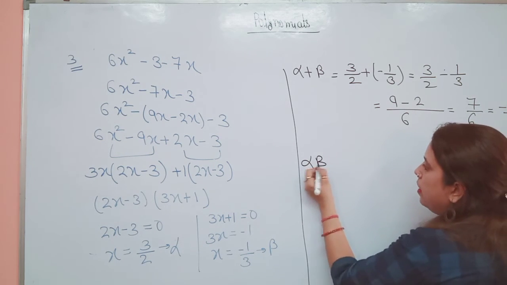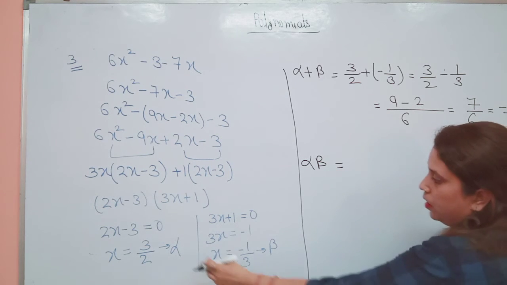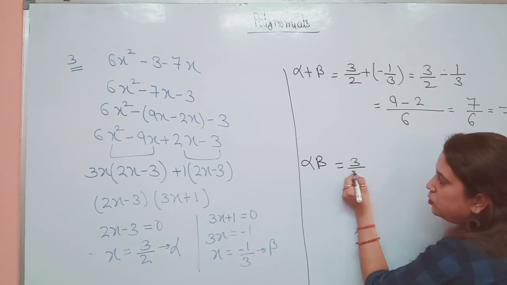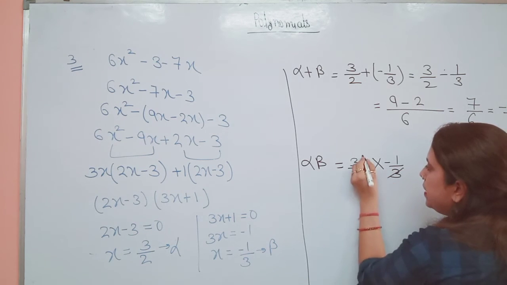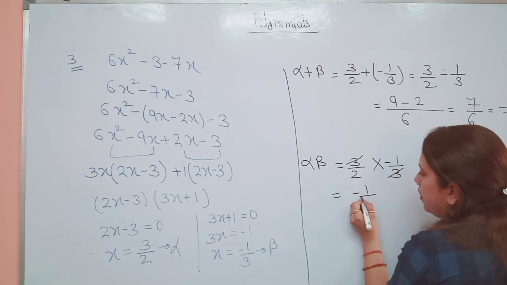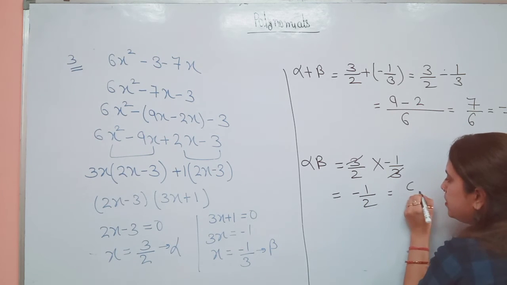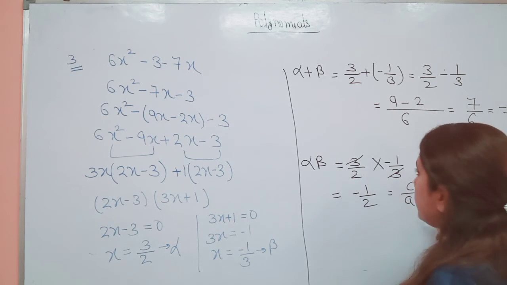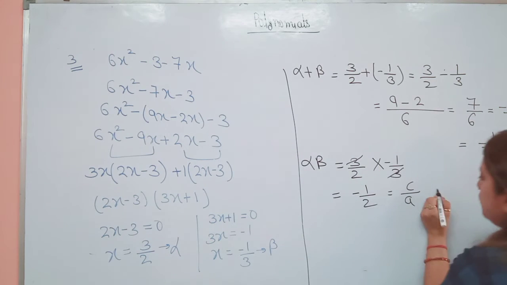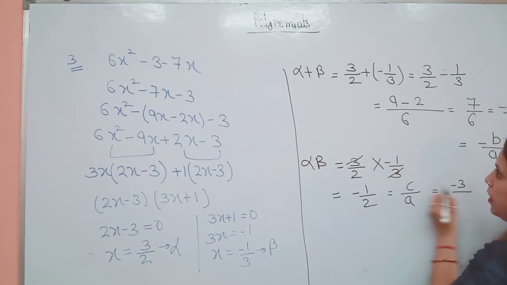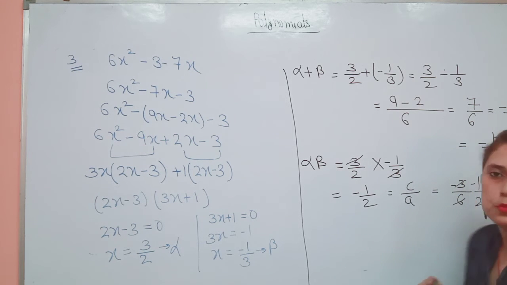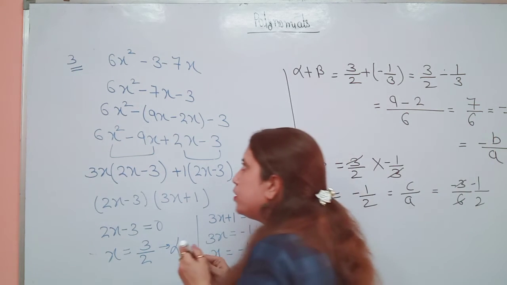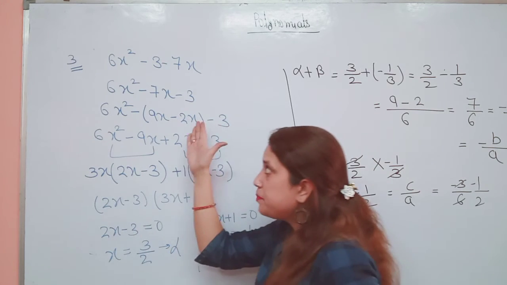Alpha beta is equal to alpha, 3 by 2, multiplied by minus 1 by 3, the 3 will cancel, so minus 1 by 2. Now compare it, it will be c upon a. c is minus 3, if we solve minus 3 upon 6, it will come minus 1 by 2.